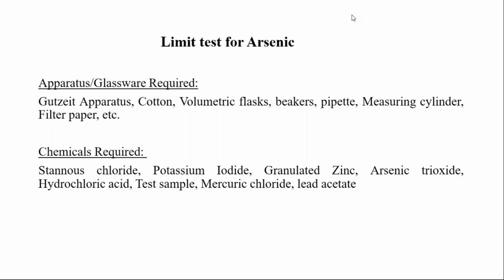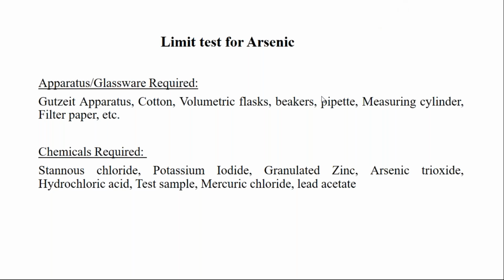Ma'am, I have some doubts. Yes, tell me. Ma'am, in method 3 we are using sulfide solution, and in method 2 we are using hydrogen sulfide and ammonia. Why are we not using ammonia in method 3?